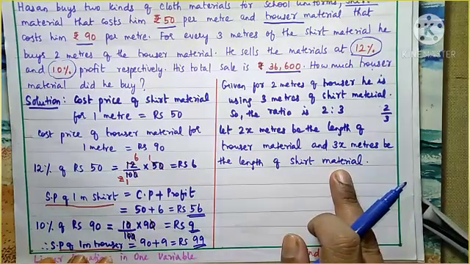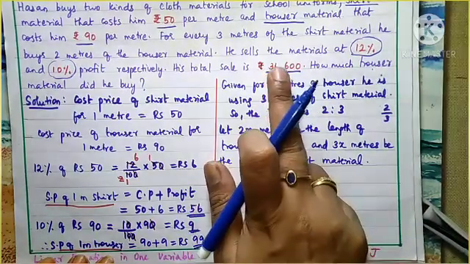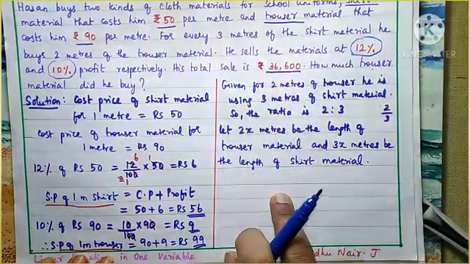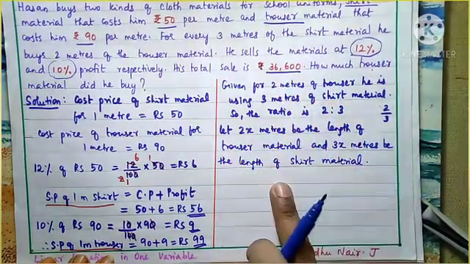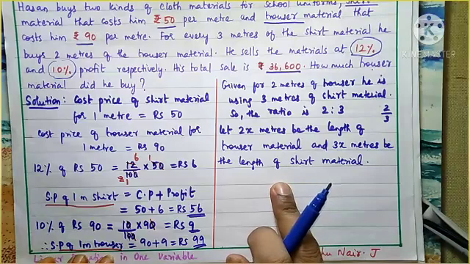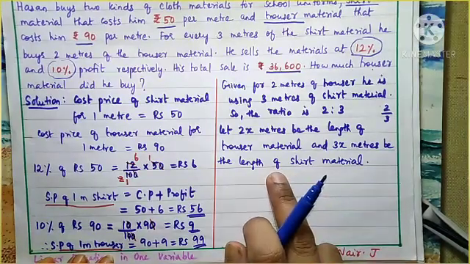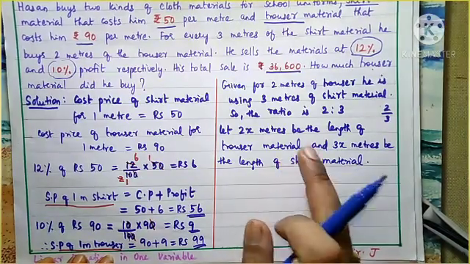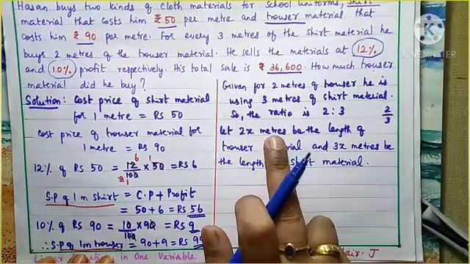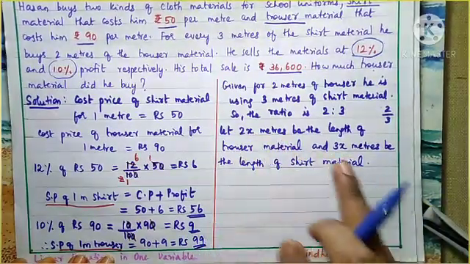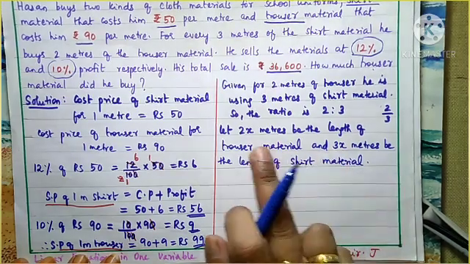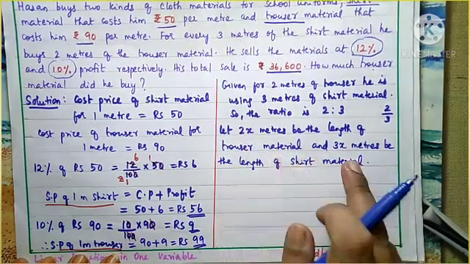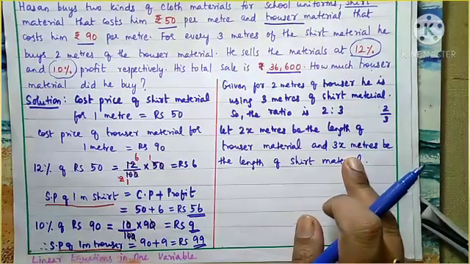Now what else is given in the question? This total selling price is given. Okay. So next we are going to do the total selling price of 2x meters of trouser material and 3x meters of shirt material. Okay.